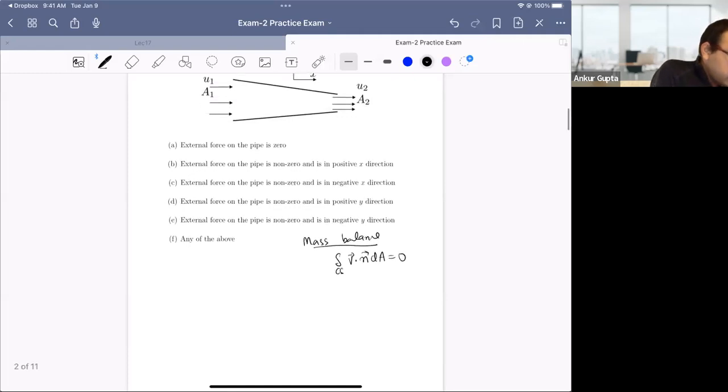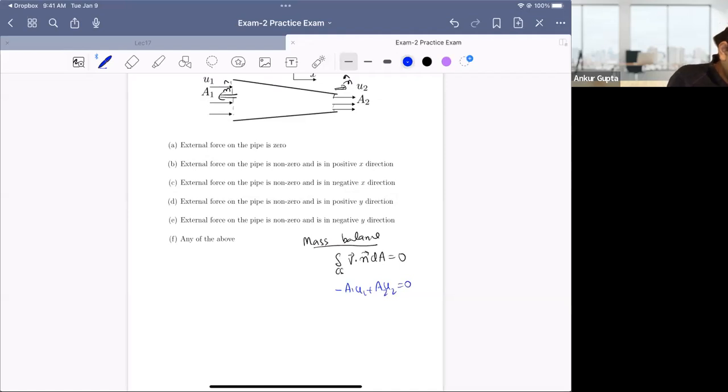If I take the control volume like this, N hat is pointing in this direction, so U1 and N hat are in opposite directions. So you'll get minus A1 U1 plus A2 U2 equal to 0. Okay, so that's clear.